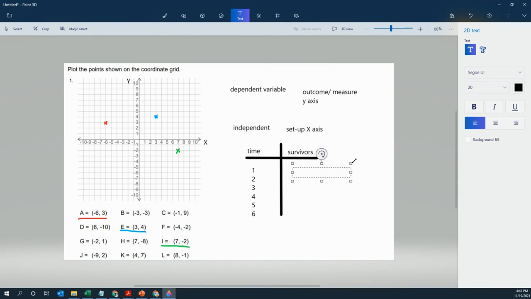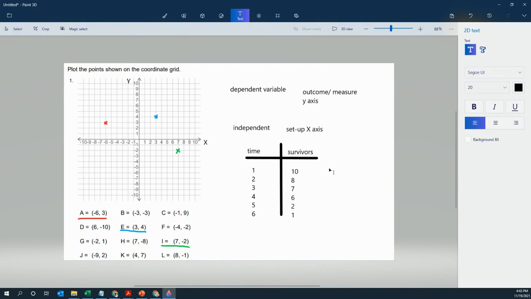You'd have, I don't know, you'd start out with 10. So in the first hour, you'd start out with 10 survivors. And then you'd have 8 left. You'd have 7, 6, 2, 1. You would mark the time on the x-axis and the survivors on the y-axis.